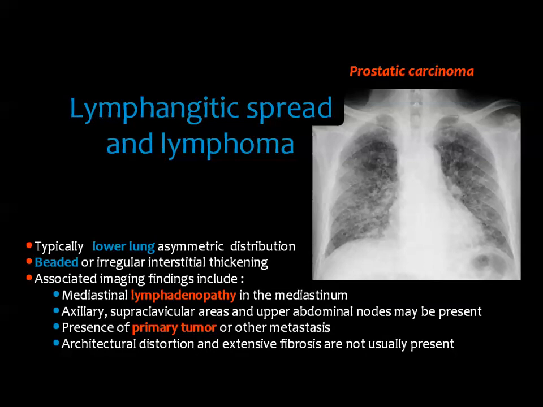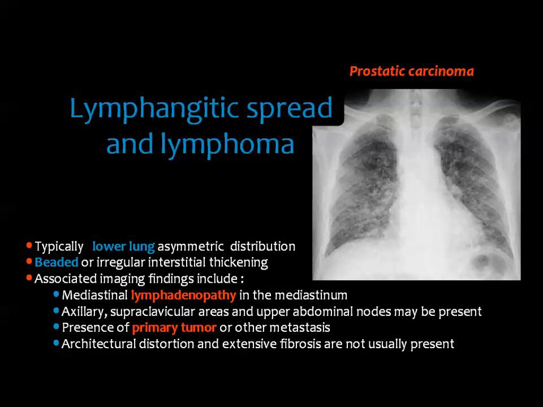Then we came to another cause of interstitial lung disease. We have finished with the two most common, which are usual interstitial pneumonia and non-specific interstitial pneumonia, the most common causes of idiopathic interstitial pulmonary opacities. Then we discussed pulmonary interstitial edema.